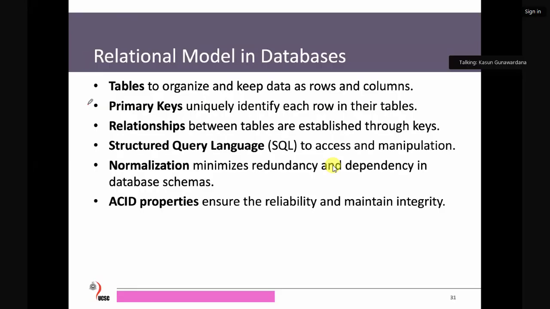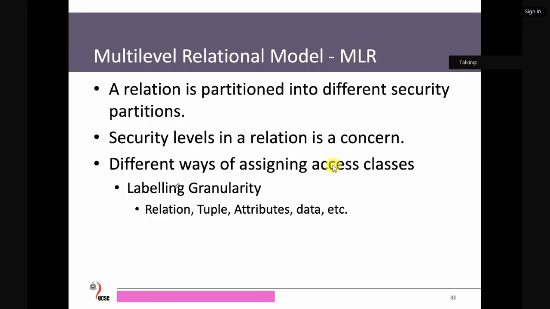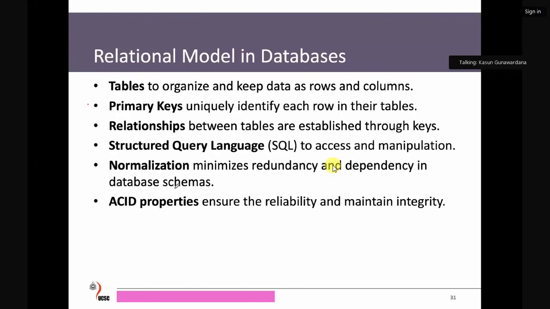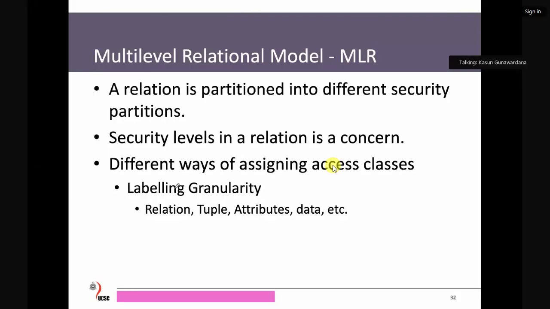It ensures that database transactions are executed reliably and maintain data integrity. So this is a typical relational model: tables, primary keys, relationships, SQL, normalization, and ACID properties.